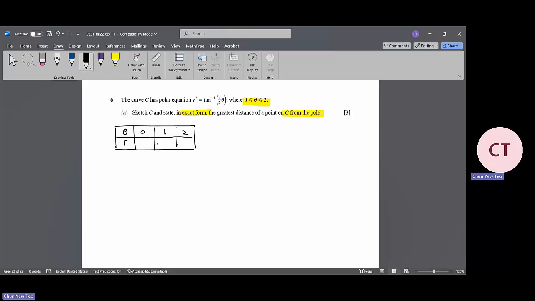Just use your calculator. Remember, this one is radian. When you replace it, you need to use the answer in radian. Everything in radian. You might as well just change your calculator into radian mode. That will be easier for you.